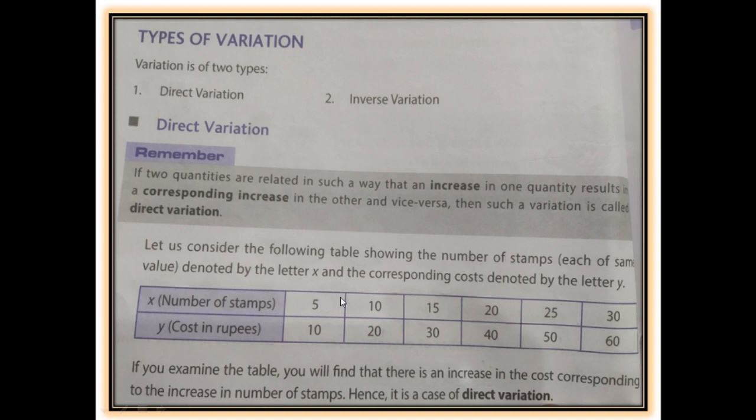Now I increased the number of stamps, and here the rupees also increase, it is 20 rupees now. In the same way, as soon as we increase the number of stamps, automatically we are spending more money. Here you will see that it is a direct variation.